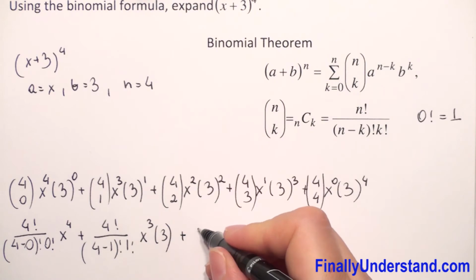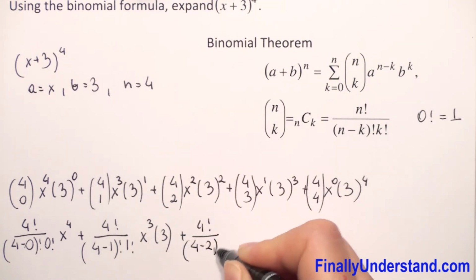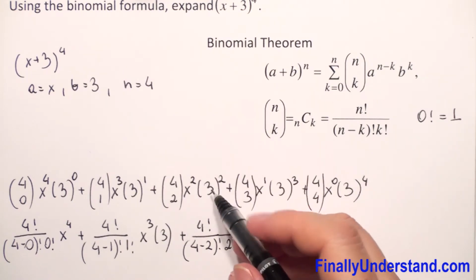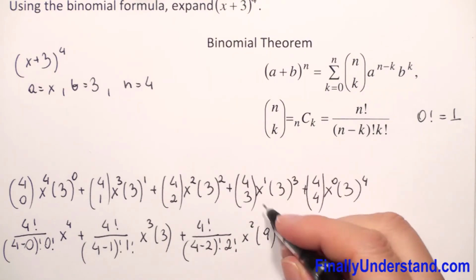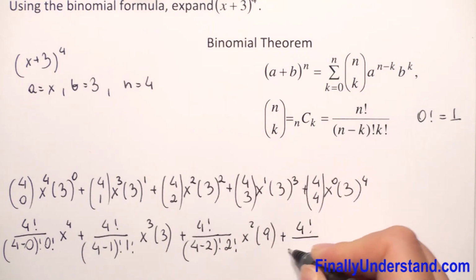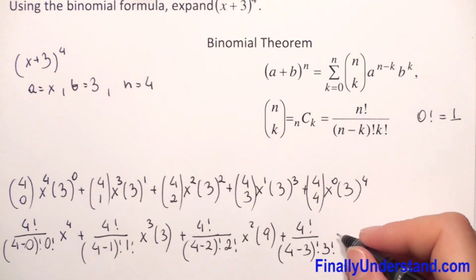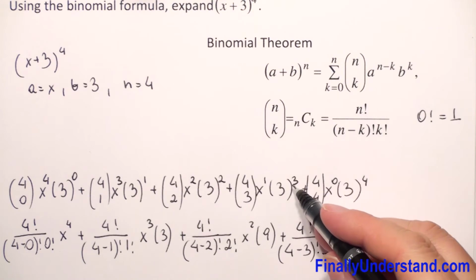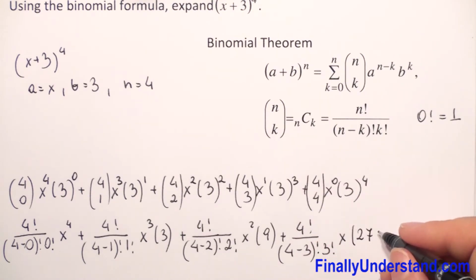Plus again 4 factorial over (4 minus 2) factorial times 2 factorial, x squared, and 3 to the 2nd power, so this is 9. And we have 4 factorial over (4 minus 3) factorial times 3 factorial, and x to the 1st power, so this is x, and 3 to the 3rd power, so this is 27.